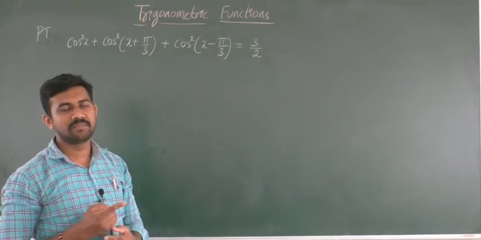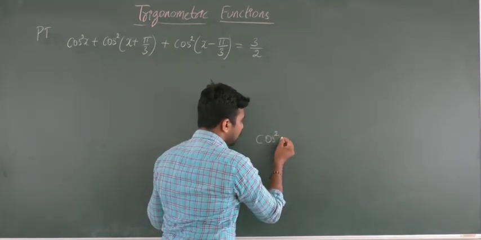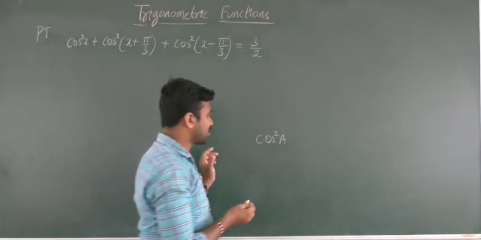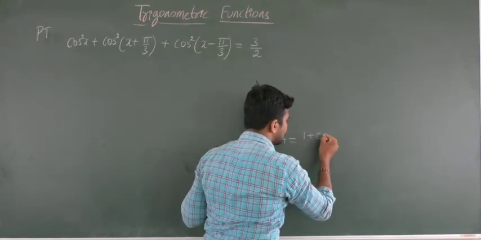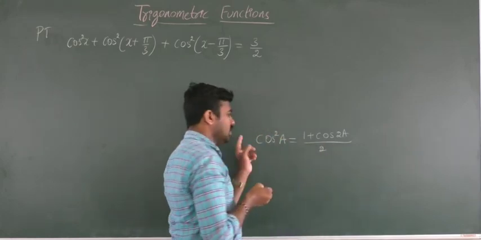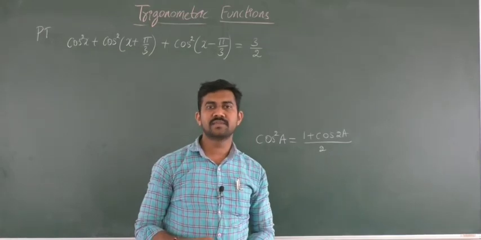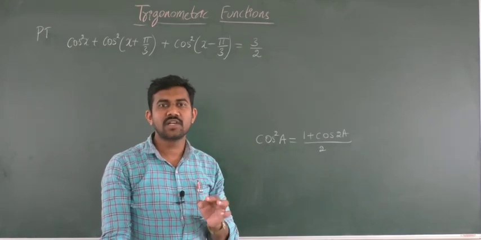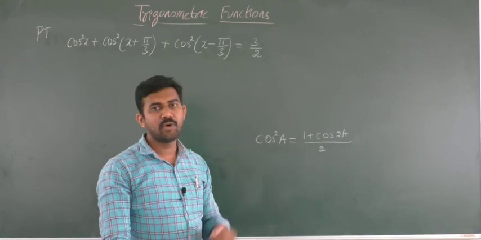We know a formula that cos square a, with one angle x or a or theta, you can write in terms of cos like this: cos square a is equal to 1 plus cos 2a divided by 2. Similarly, we know sin square a is equal to 1 minus cos 2a divided by 2. So two formulas we have, very important formulas.